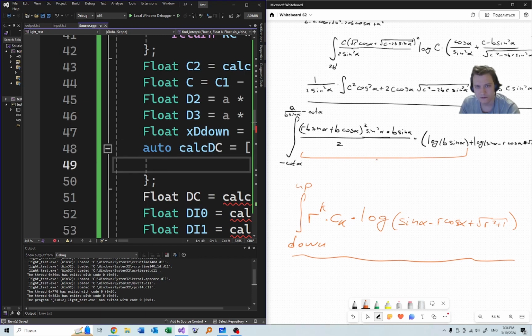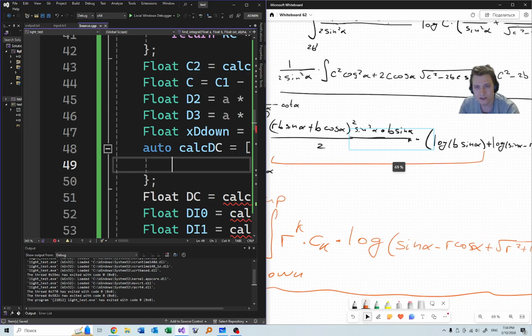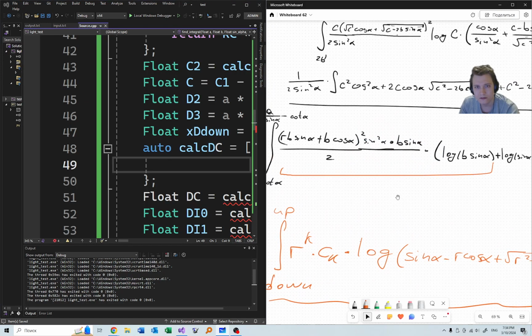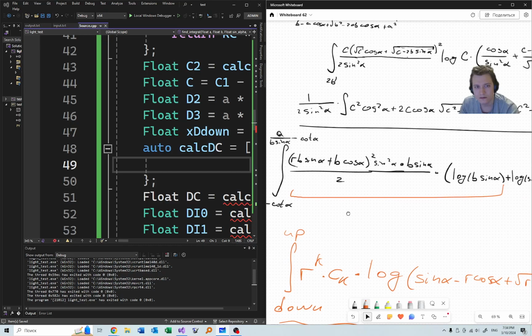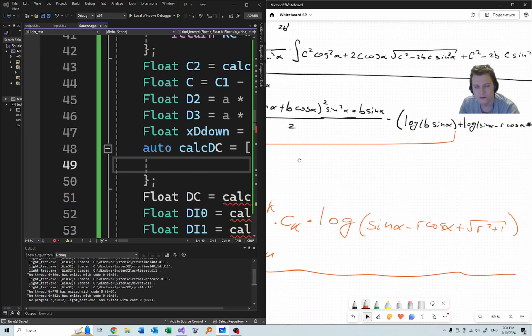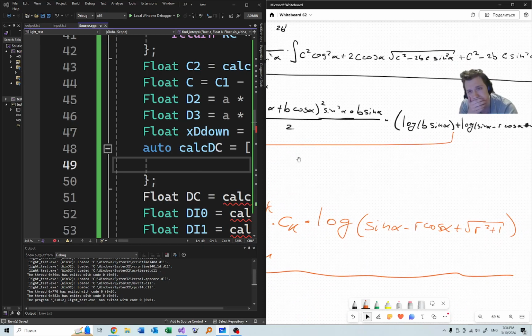Okay, first integral. Yeah, this is simply... okay, I will just add it to the integral.